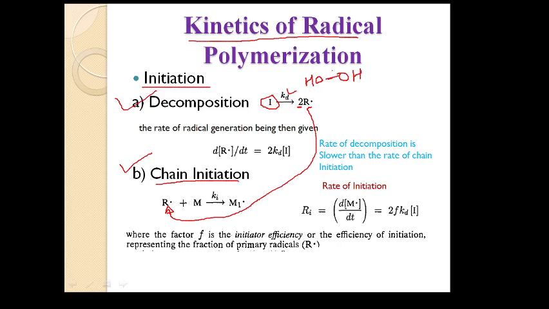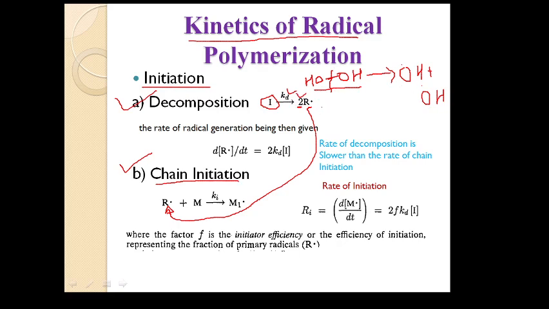This bond is cleaved homolytically and we get the OH radicals. This one is one OH radical and there is another OH radical. In this way we produce two OH radicals using hydrogen peroxide. So the 2 is actually the symmetric cleavage of the initiator, and here we produce the two radicals.